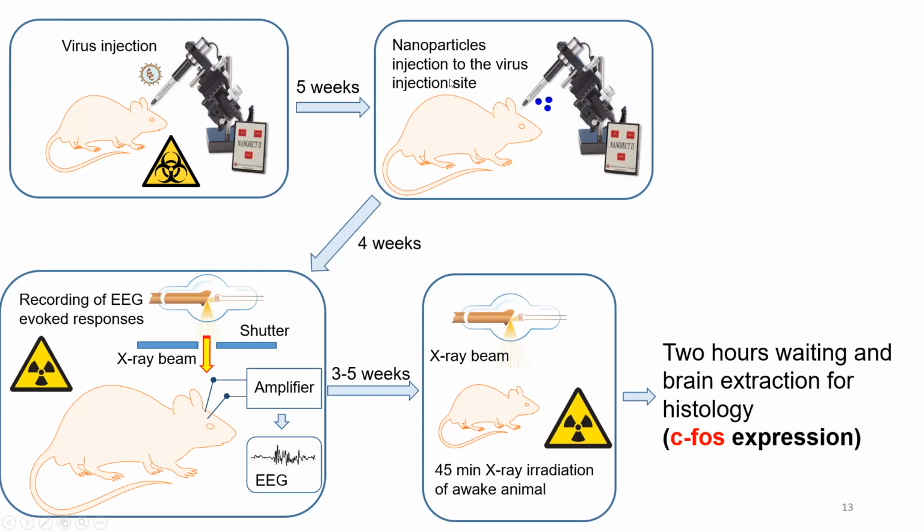After that, specially designed and developed nanoparticles were injected at the same place. These nanoparticles are a key point of our technology. Once implanted into the brain tissue, they stay in the brain parenchyma without any effects, but under X-ray irradiation, these nanoparticles produce light. So it's a kind of conversion of X-ray energy into light energy.